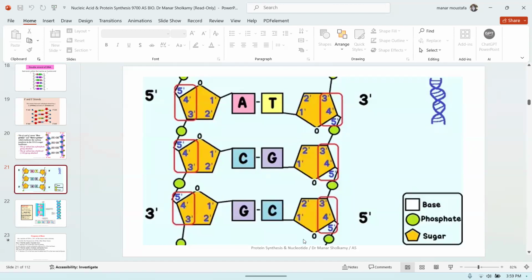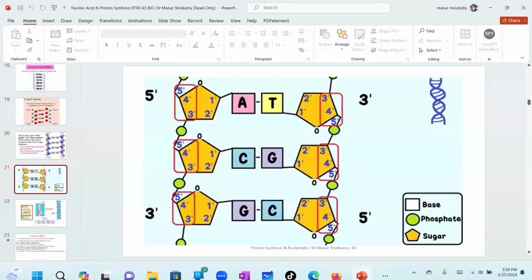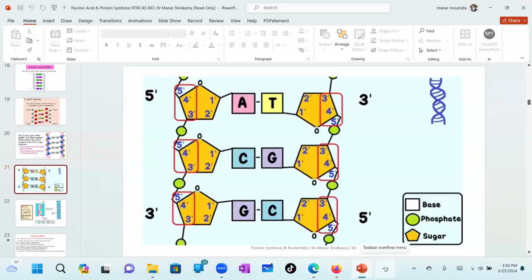Okay, Kenzie, we started in school the lesson protein synthesis. It's actually a very important lesson. I'm very upset that you did not attend. Now I'll try to give a very, very quick revision over what we took in school.